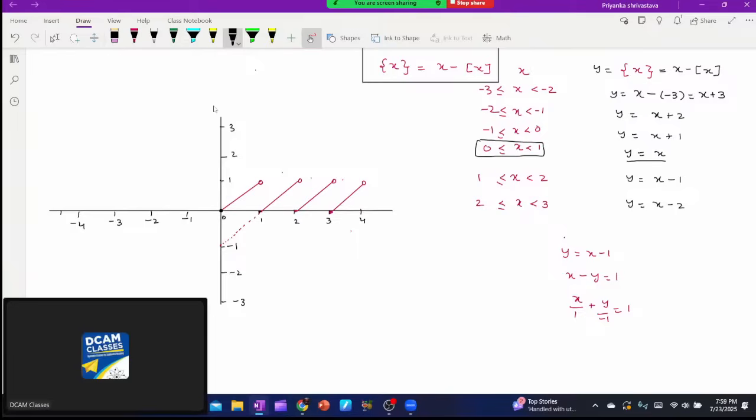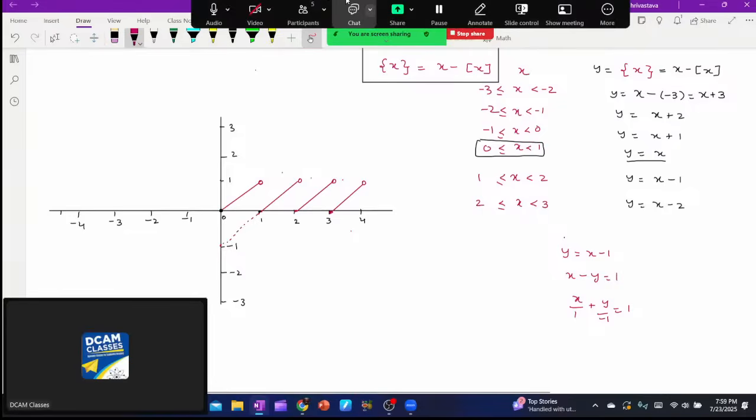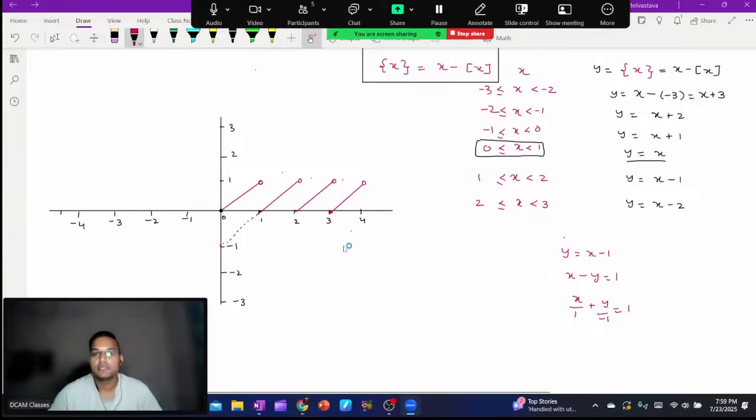Just to explain how to plot the straight line, I extended it. In the same way, from 1 to 2, this will be like this.